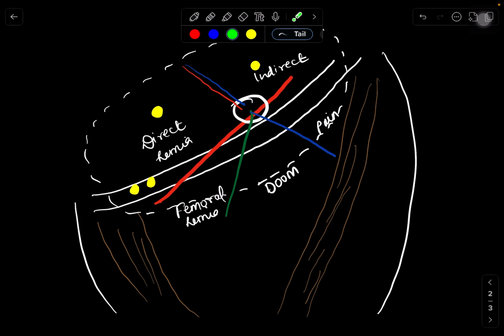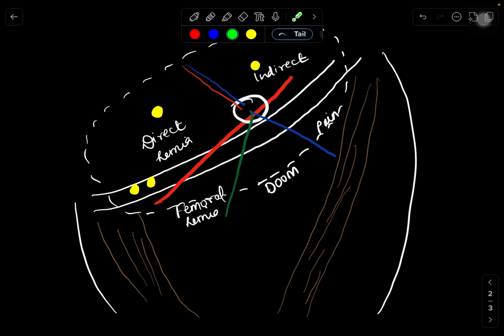Now in this figure, we can understand the different sites of all the hernias. You can see here, this is our deep inguinal ring. Above the deep inguinal ring, you can see these are the inferior epigastric vessels. Now medial to the inferior epigastric vessels, you can see the site for the direct hernia.